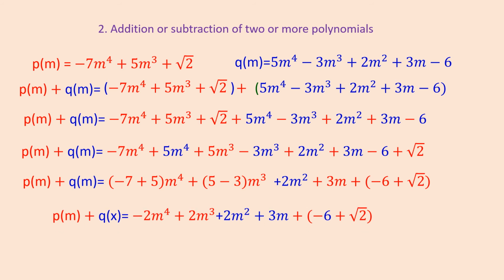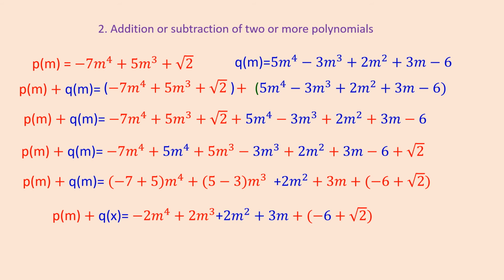Now when I further simplify, minus 7 plus 5 will become minus 2. So minus 2m raised to 4 plus 2m cube plus 2m square plus 3m plus minus 6 plus root 2. You cannot further simplify because one is a rational number, the other one is an irrational number.